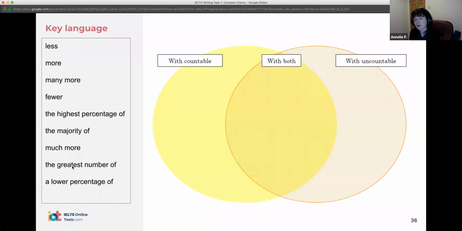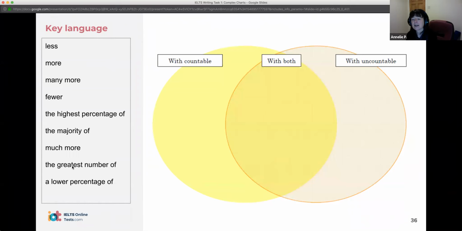Okay, so if we think about men, let's look at the examples we've had there. Is men countable or uncountable? Okay, very good, Roberto and Muskan, countable. Okay, women? Okay, yeah, good, also countable.